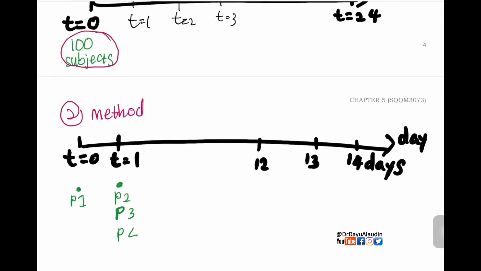Then at day 12, another 2 people come, P5 and P6, for example. At day 14, another patient comes. So the difference is that all the subjects enter the observation period at different times.